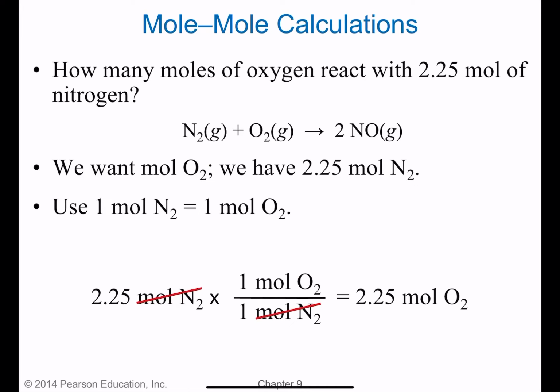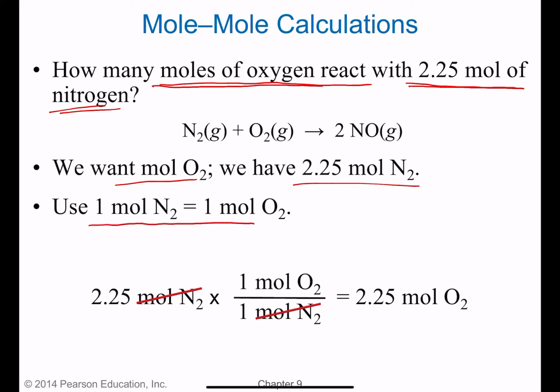Here, we're going to actually use the mole-to-mole ratio to do a conversion. So here it's asking how many moles of oxygen react when we have 2.25 moles of nitrogen. So you have 2.25 moles of nitrogen, how many moles of oxygen gas are going to be needed to react? Using the same kind of setup as the earlier reactions, we want moles of oxygen and we're given moles of nitrogen.